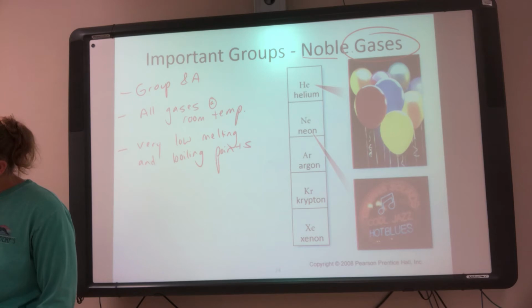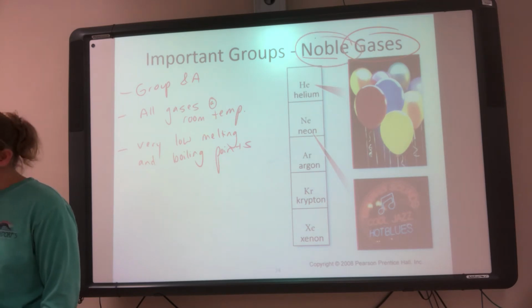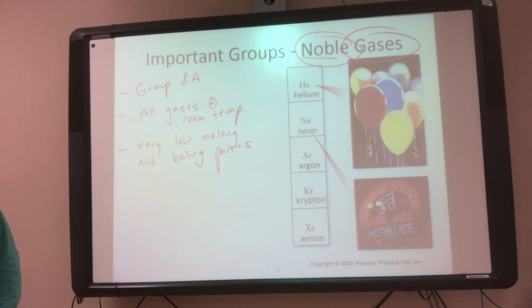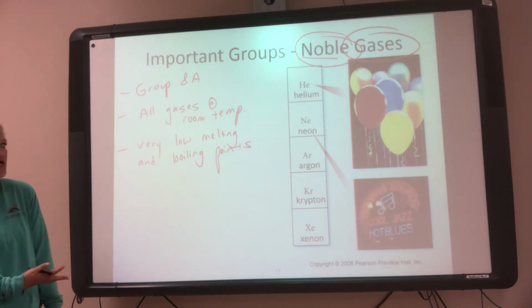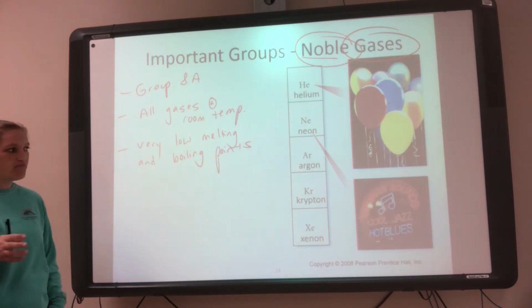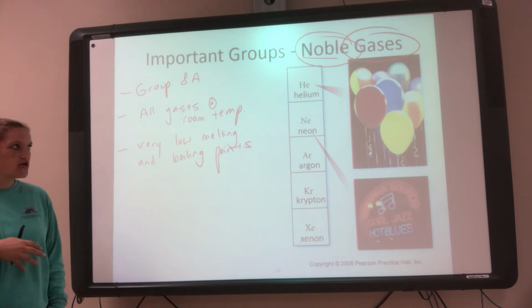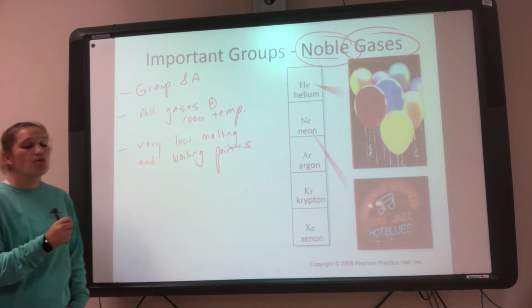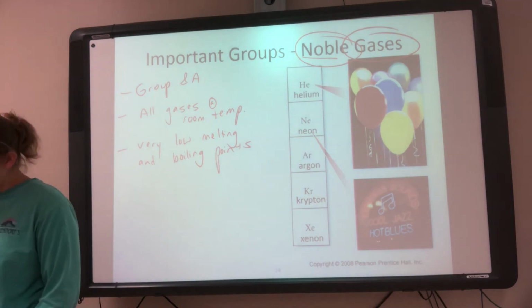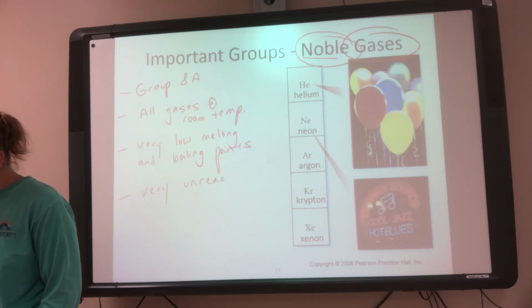Now, the other part of their name, gases, tells you that it's a gas, but the noble part tells you most of the time, if you think about nobility, they kind of don't want to mix with other people. They don't like to be reacting with other people. They want to be by themselves. So the reason they're called noble gases is because this whole group, these guys are very unreactive.